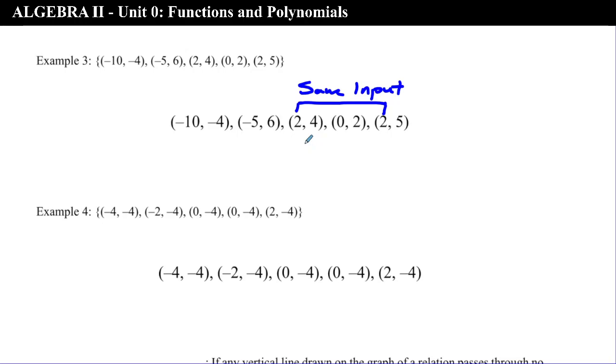So now we're going to look at the y values that go with these 2. For the first one we have 4, and for the second one we have 5. So here we have different outputs. Since the output is different, then we do not have a function.